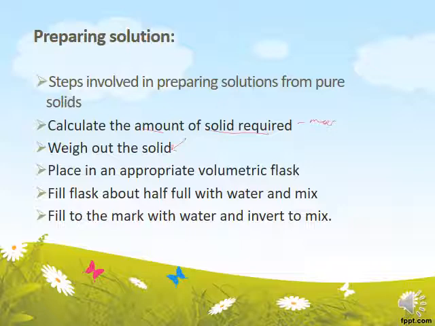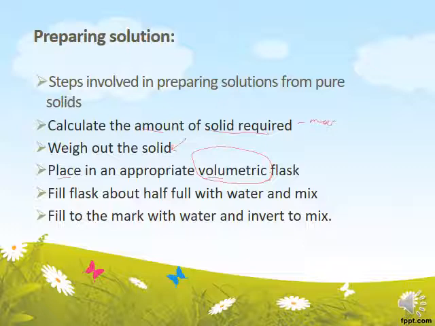Once we weigh out the solid, we place it into an appropriate volumetric flask. To prepare solution, the glassware is always a volumetric flask, not a beaker, not an Erlenmeyer flask, not a measuring cylinder, but a volumetric flask.